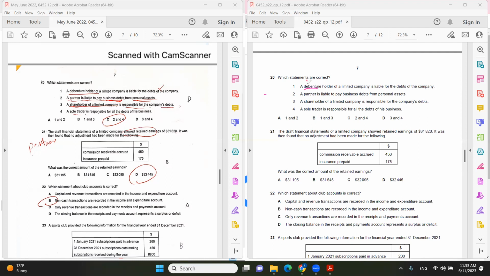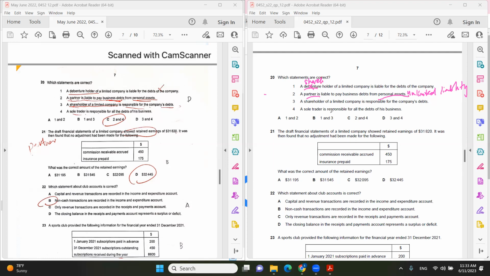This one should be the shareholder, not debenture holder. A partner is liable to pay business debt from personal asset. Yes, because under sole trader and partnership, we have unlimited liability. Personal belongings can be taken away.